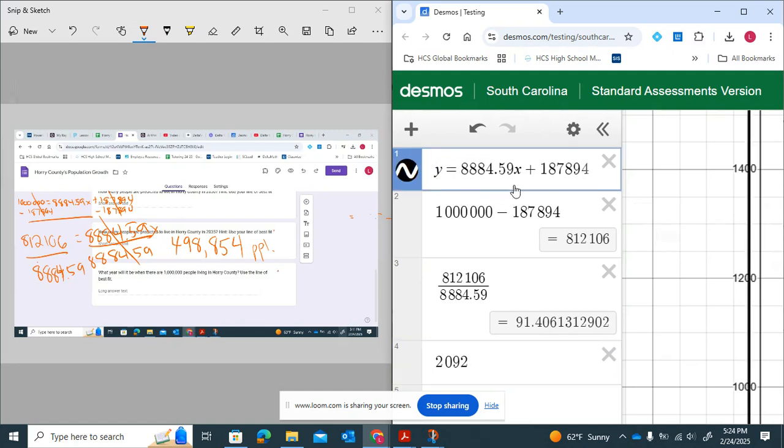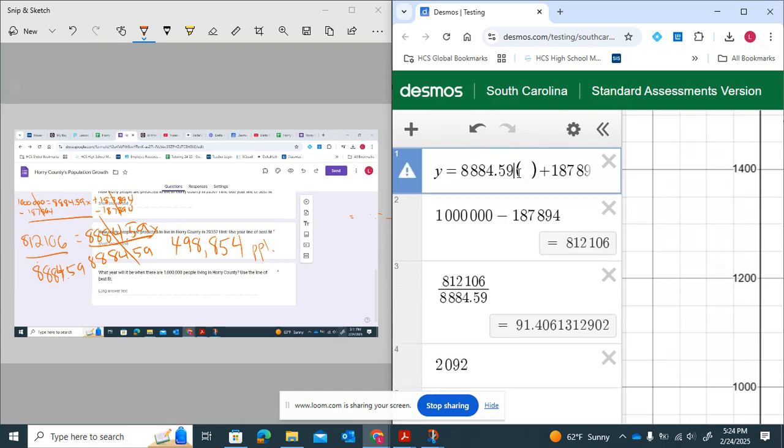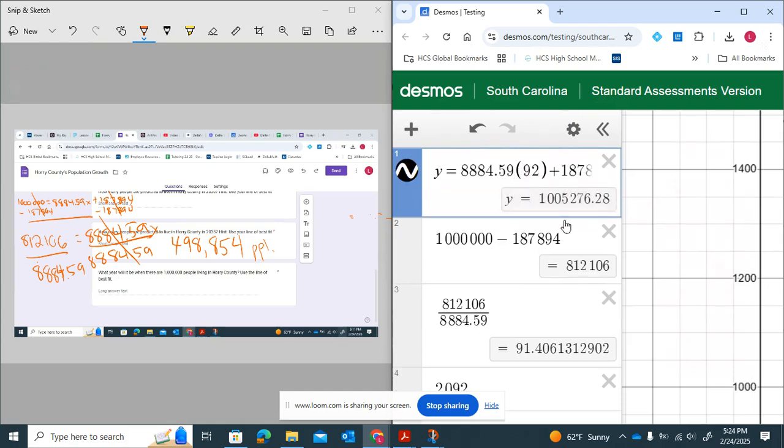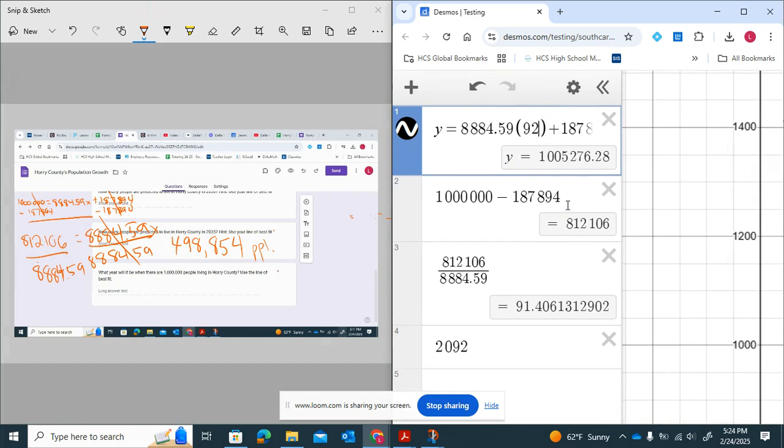To confirm that, I take my equation, and if I plug in 92, there are over 1 million people. If I plug in 91, it's just shy of 1 million. So in year 2091 or 2092, there would be 1 million people in Horry County. It's not going to happen for a long, long time, even if our trend continues to increase at the same rate. So 2092 is the answer.